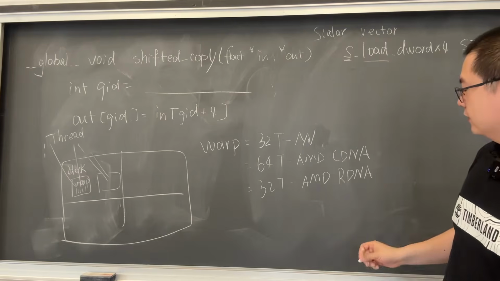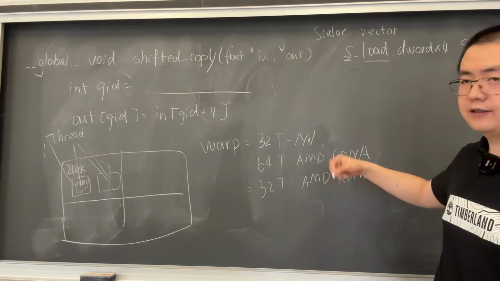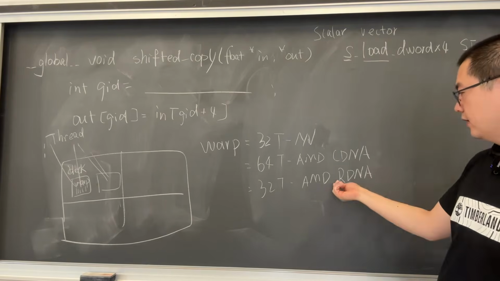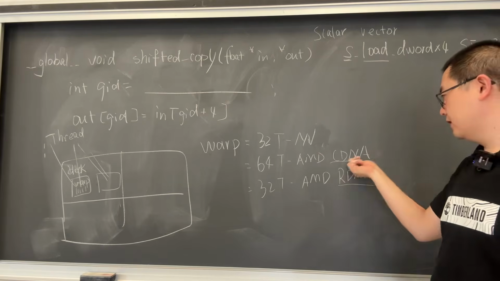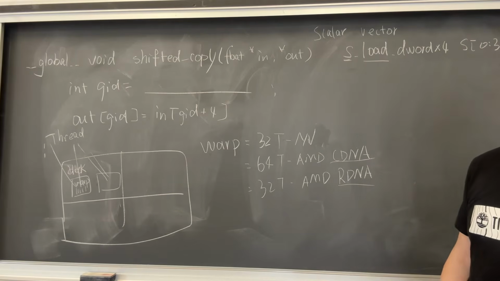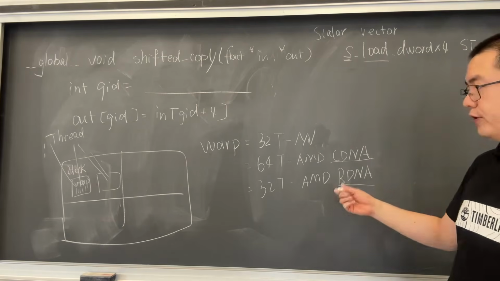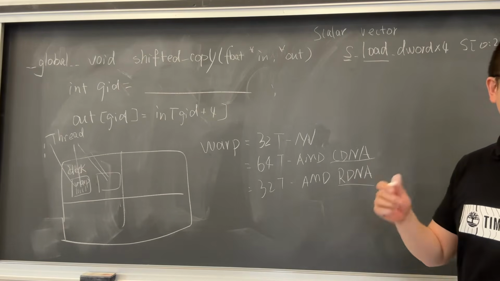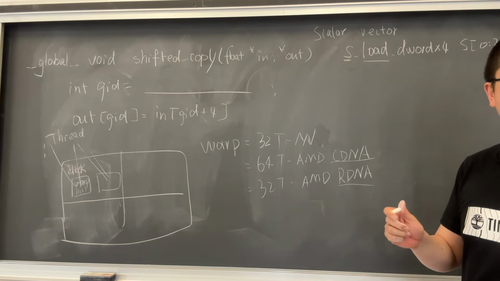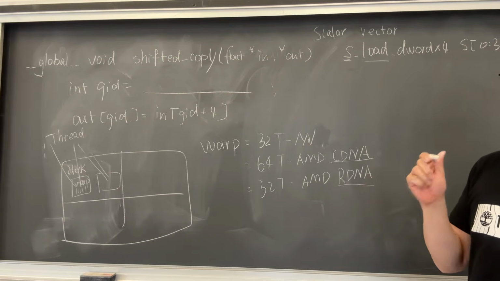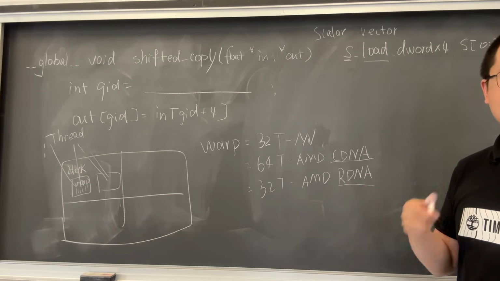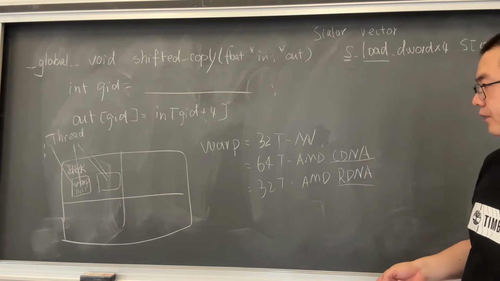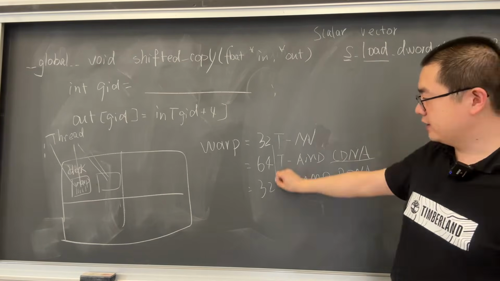So AMD has different standards. Now RDNA is mainly for graphics, and CDNA is mainly for compute, right? By the way, when we talk about GPU architecture here, we're only talking about general purpose GPU computing. It's not talking about rendering graphics and these types of things. It's only for calculation. So a warp is this number, right?